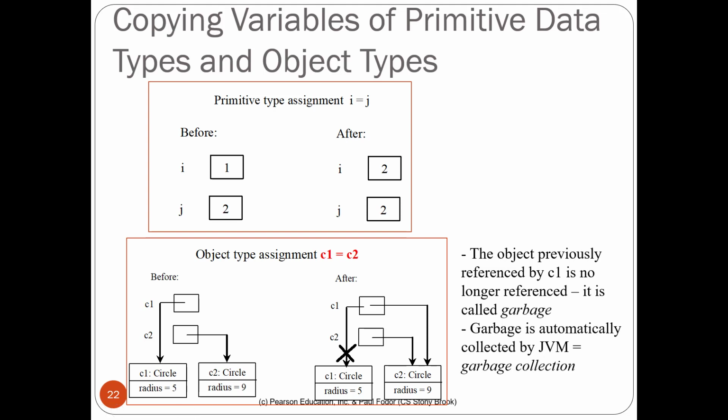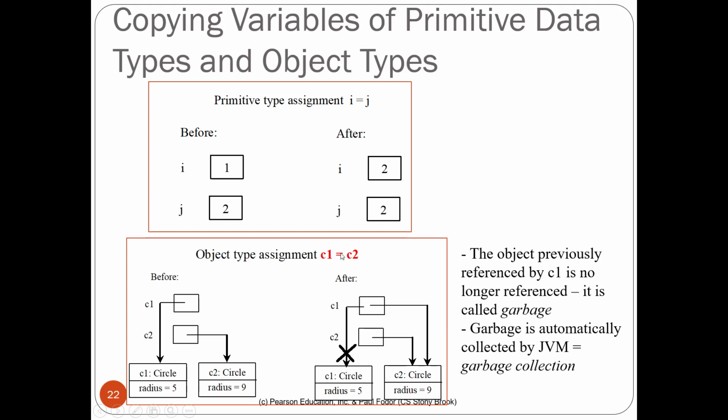I will assume that when you do C1 is equal to C2, probably our intention was to change the radius of C1 to 9. But let's try to understand what will happen if we try to do something like this. As I said, C1 has the address or the reference of the circle with radius 5. C2 has the address or the reference of the circle with radius 9.